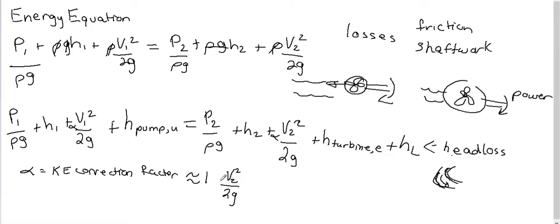Okay, so now we're just going to get a clean screen here, and we're going to just start all over again. Now let's look at these other terms that we added to the energy equation. We have the pump head and the useful pump head.